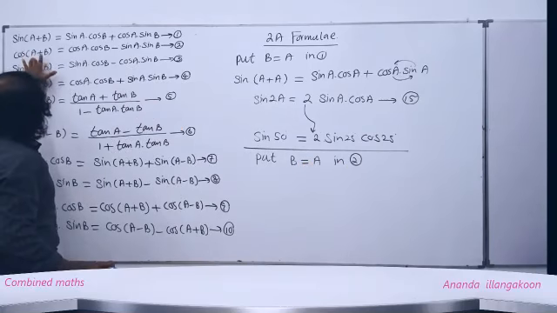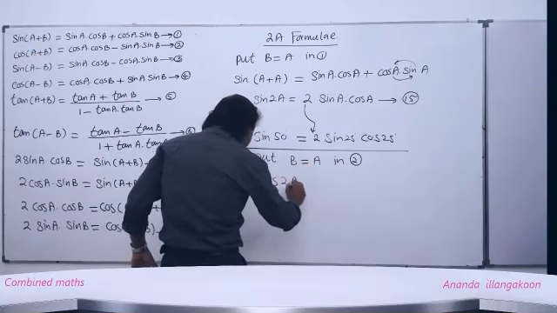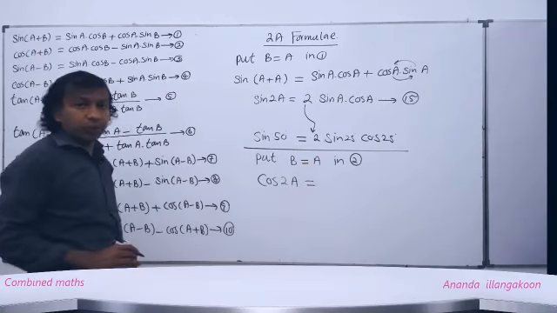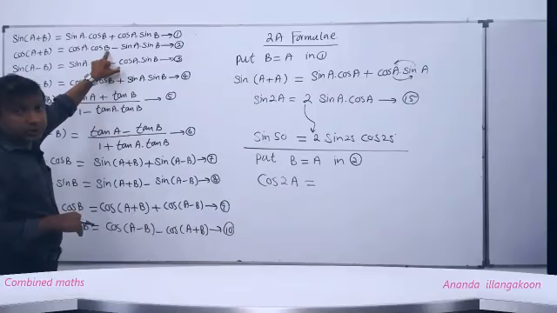This is now A plus A, 2A, cos 2A. Right. What do you get there? Here this is A now.